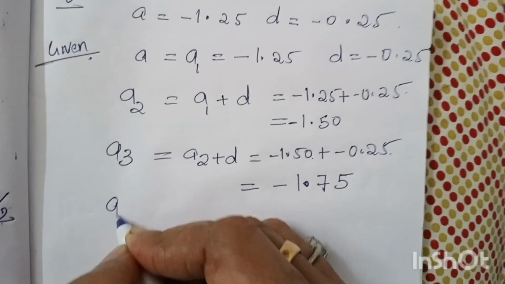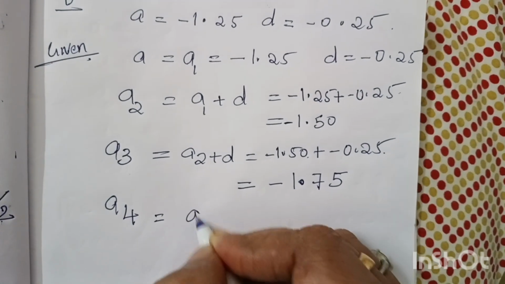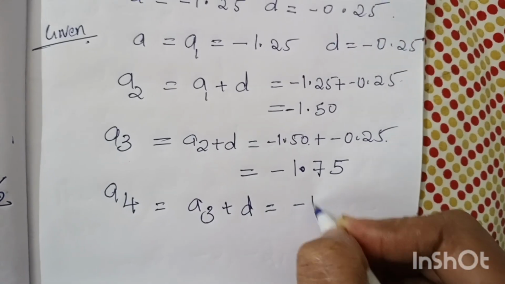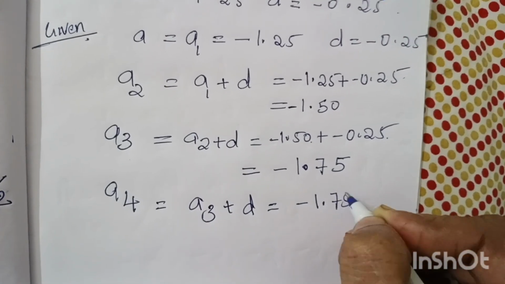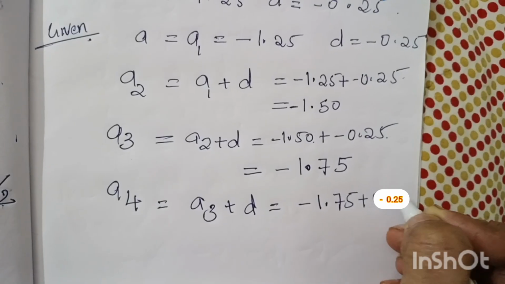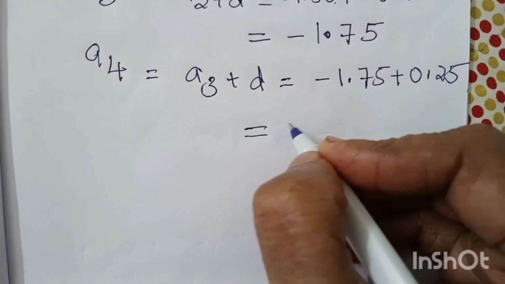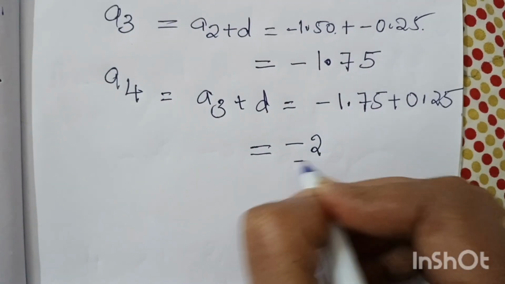Then a4 is equal to a3 plus d, which is equal to minus 1.75 plus minus 0.25, which is equal to minus 2 we get. Clear?